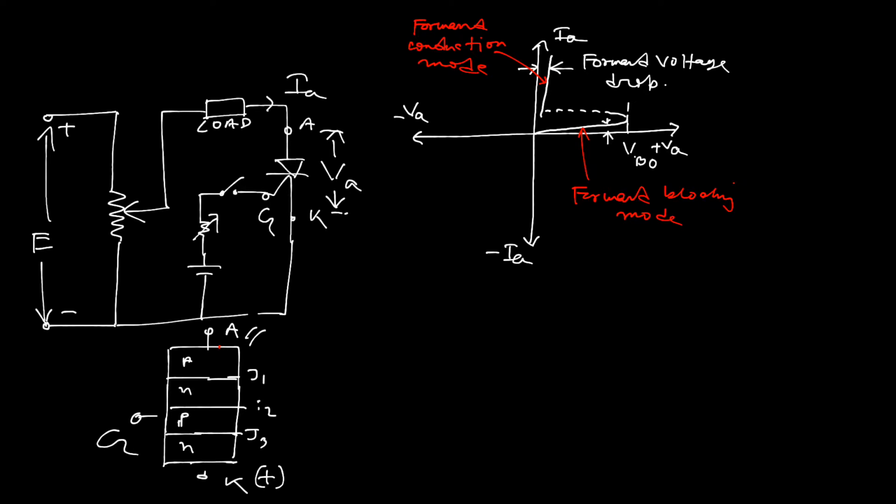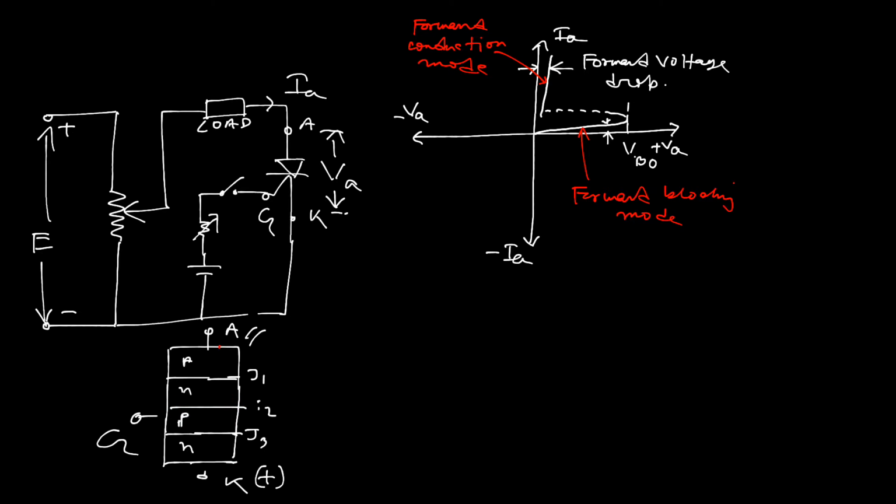That means current tries to flow from cathode to anode due to movement of the majority carriers across all the layers. In this particular case, when the current tries to flow from the K to A terminal, this NP region is reverse biased, as well as this NP region is reverse biased. But this region is forward biased.